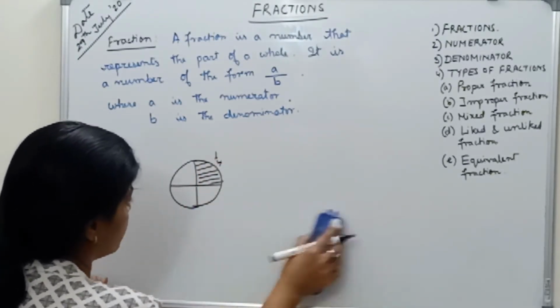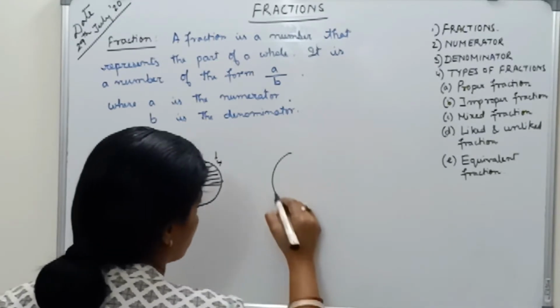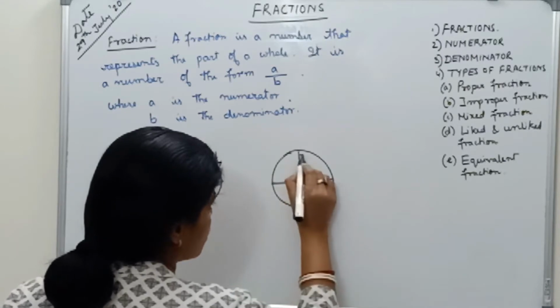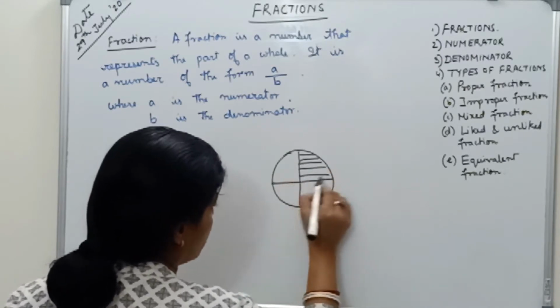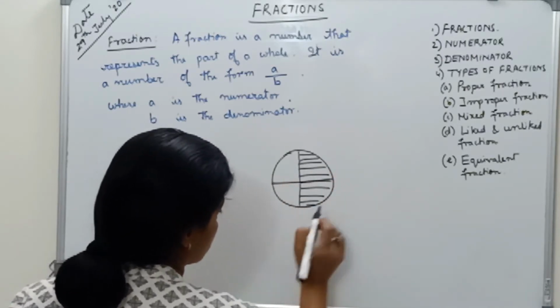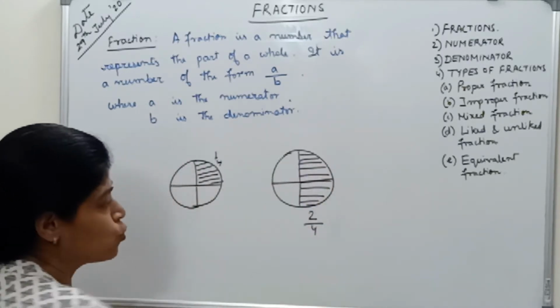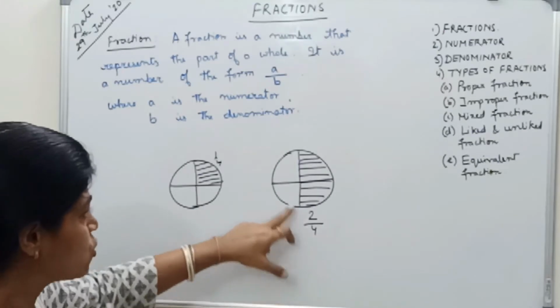Now if I say half, 2/4 of a portion, this portion is called 2 of 4 portions, means 2/4.